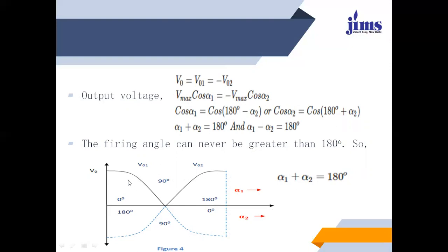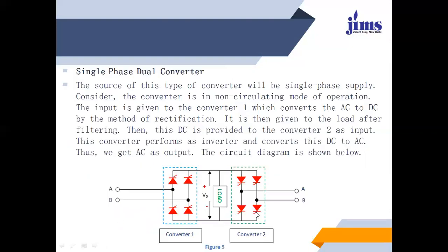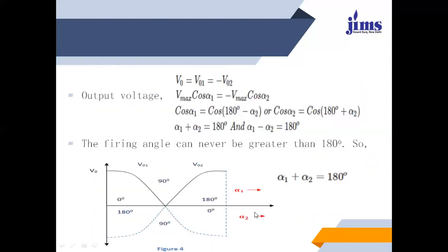In the waveform, V01 will be like this, or V02 will be like this, and in between them there is an angle of 90 degrees. For the positive, it will be connecting from 0 to 180 degrees, and for the negative, it will be connecting from 0 degrees to minus 180 degrees. So that will be the suggestion why we are looking over the circuit.